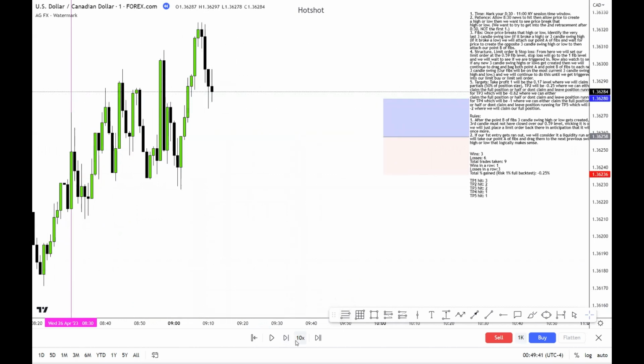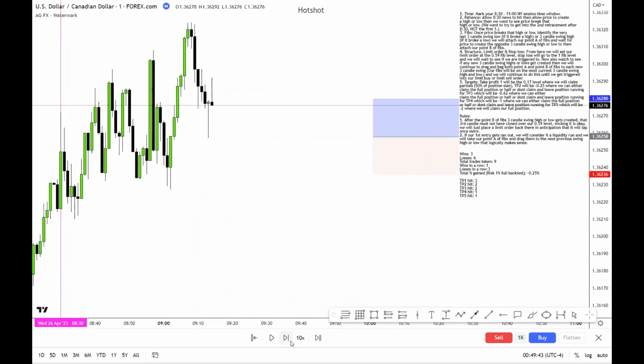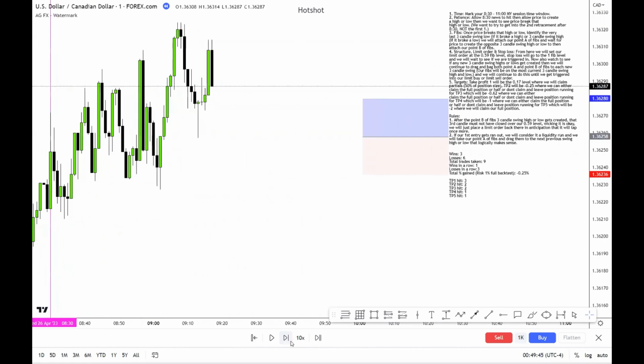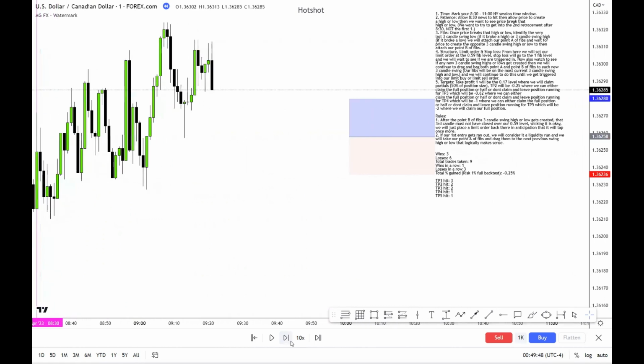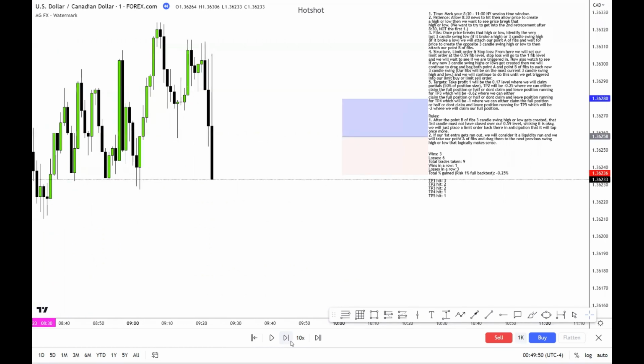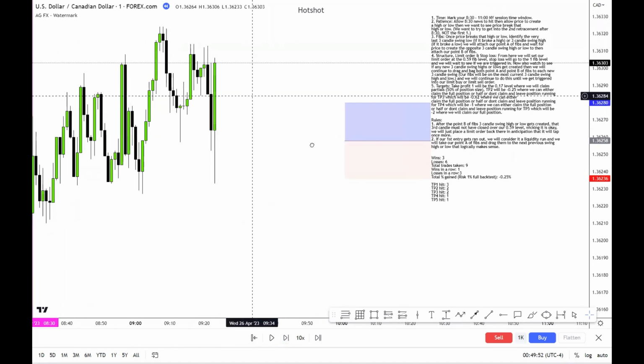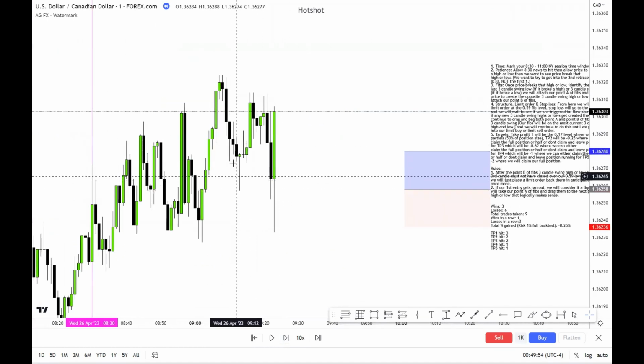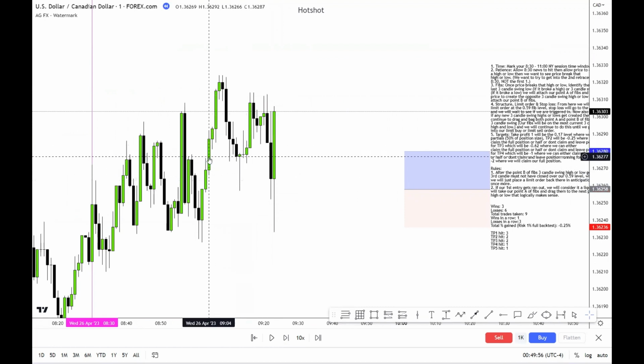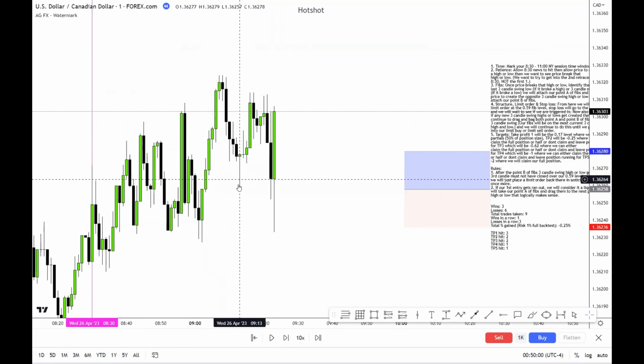It's rebalancing an imbalance. But it doesn't hold every time. That should be an intermediate term low because it rebalanced this imbalance here. Also rebalance this imbalance here with this wick.